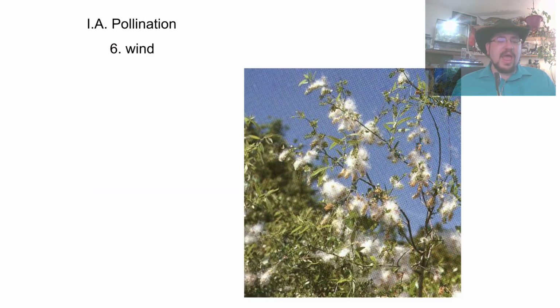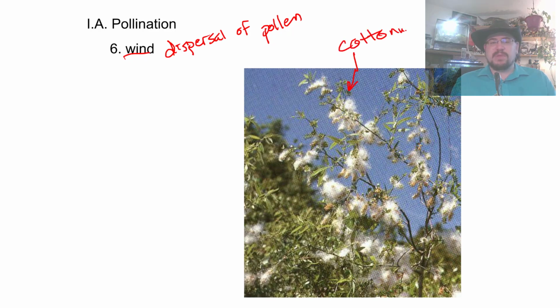So, a lot of angiosperms show good old-fashioned wind dispersal of pollen. It was cottonwood season just a little earlier. I don't know if cottonwood seeds are still blowing around, but earlier this past month in June, we saw those cottonwoods going around.